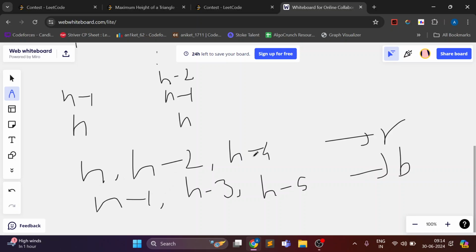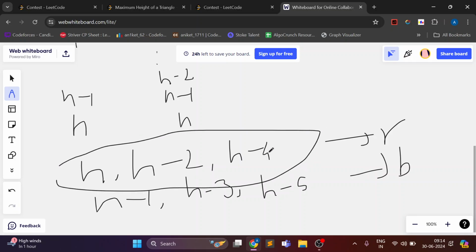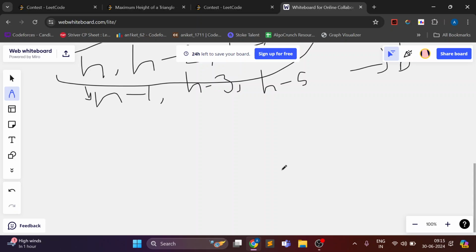We can always prove that the sum for h, h minus 2, h minus 4 would always be greater than or equal to that for h minus 1, h minus 3, h minus 5. And how can we prove that?